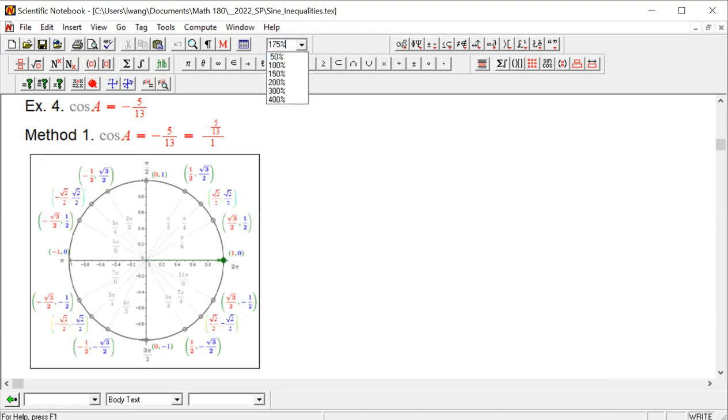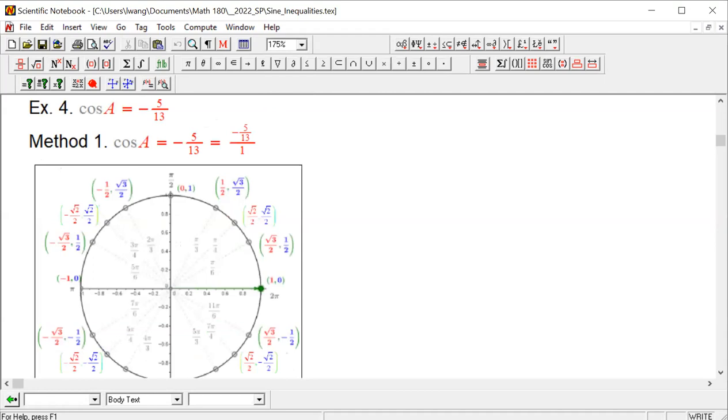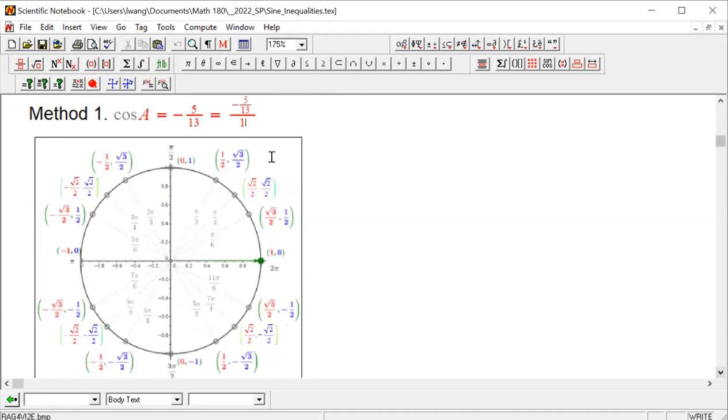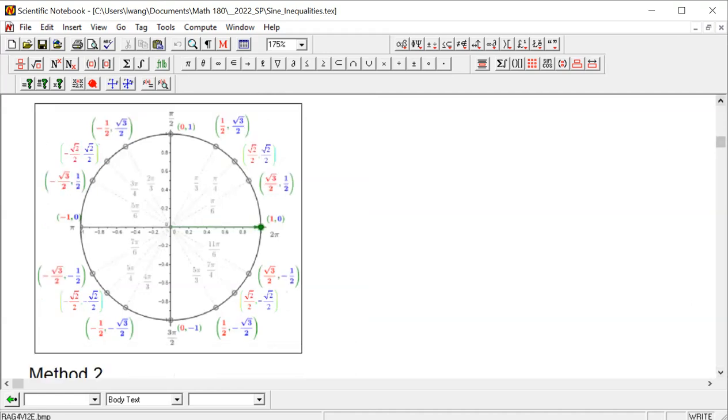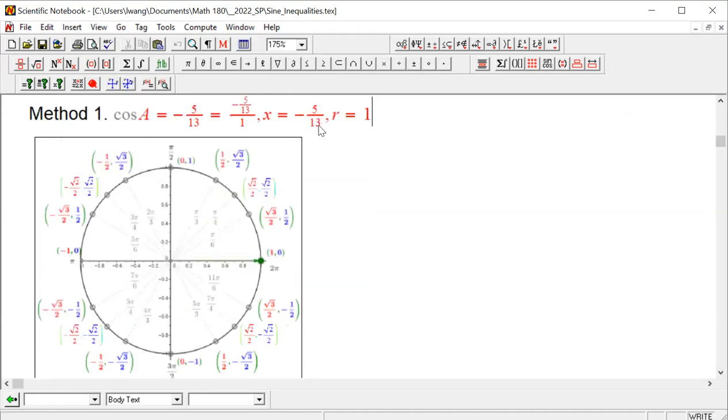So then you fall on the unit circle. So x equals negative 5 over 13, and the r equals 1, right? So unit circle, but you don't see any red numbers on the unit circle here, but it is somewhere.